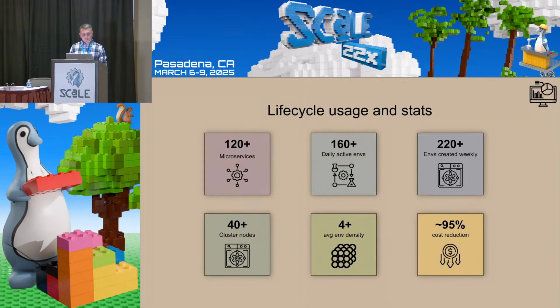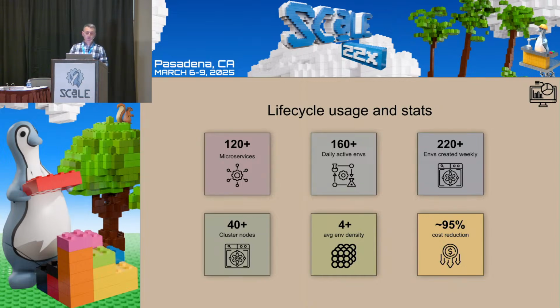So let's see some stats. These are some interesting numbers here, so I want to take a moment to talk about each. At GoodRx, Lifecycle manages over 120 microservices, okay? We have, on average, 160 plus active ephemeral environments. We have multiple static environments that are also managed by Lifecycle.